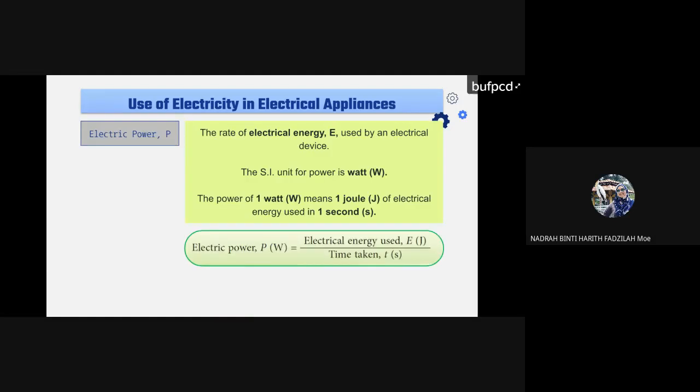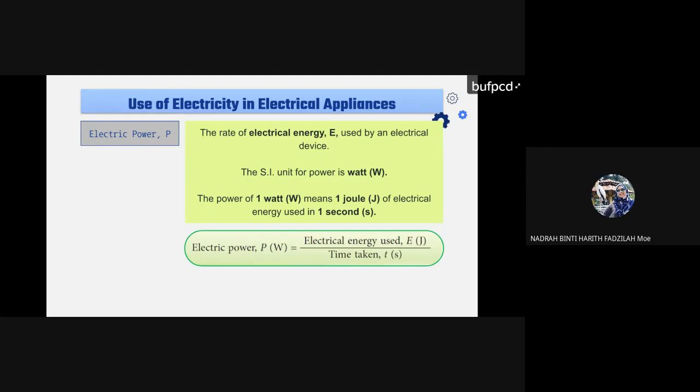For example, this is the definition for power. The rate of electrical energy used by an electrical device that is measured by the SI unit watt. However, the power of 1 watt also means 1 joule of electrical energy used in 1 second.